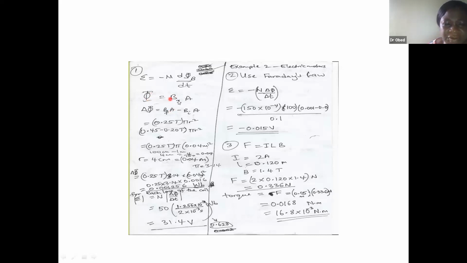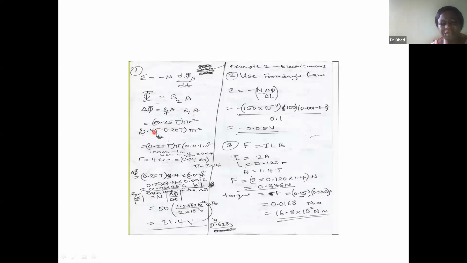So magnetic flux is given by this equation, and change in magnetic flux is the final flux minus the initial flux.